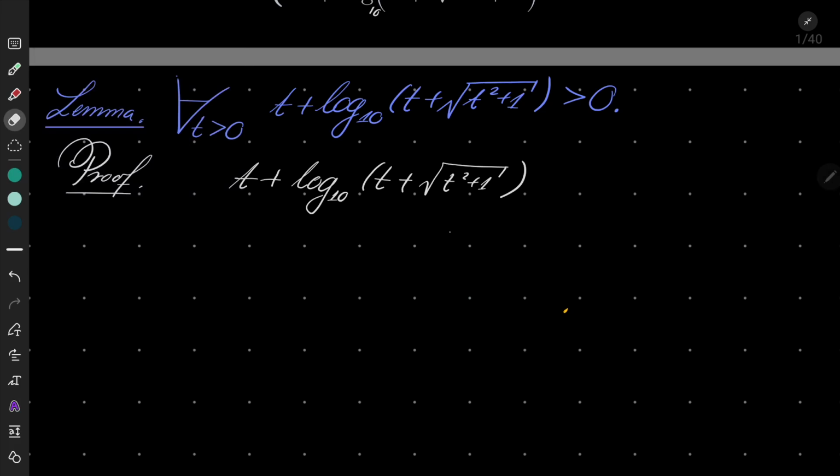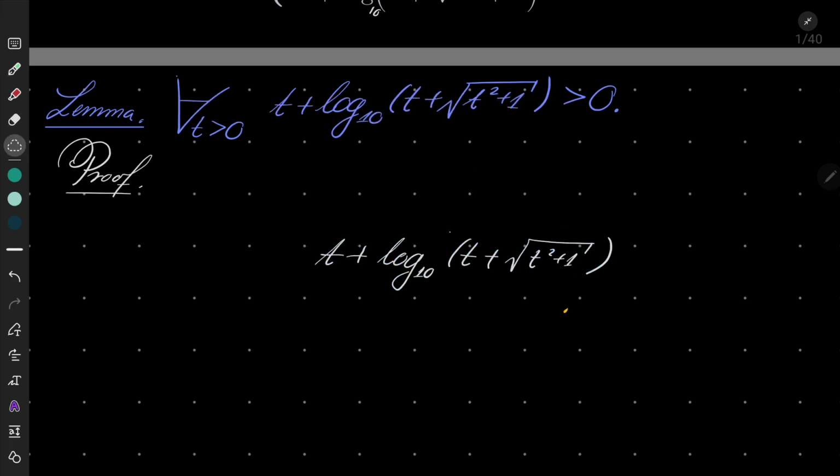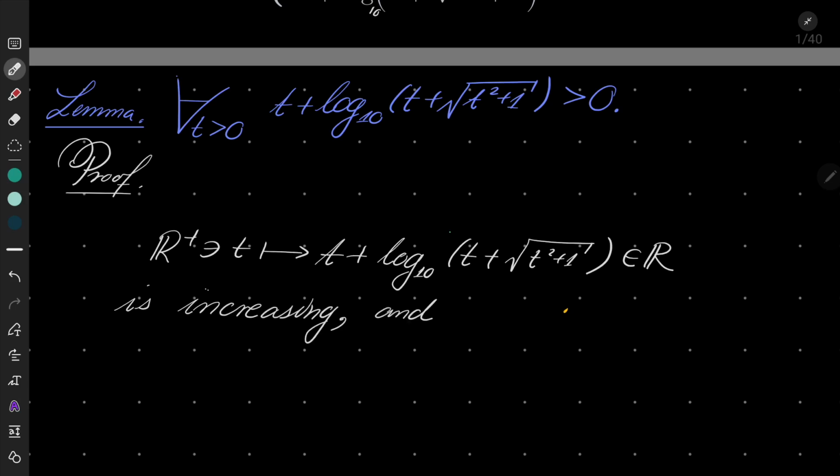So maybe I will write it in the following way: the function which takes positive numbers and maps them to this is increasing. It was justified. It is increasing, and moreover it attains 0 at t equals 0. Why is that?